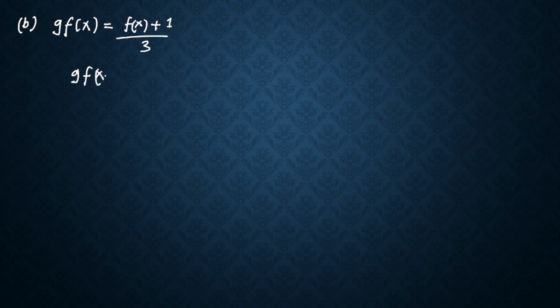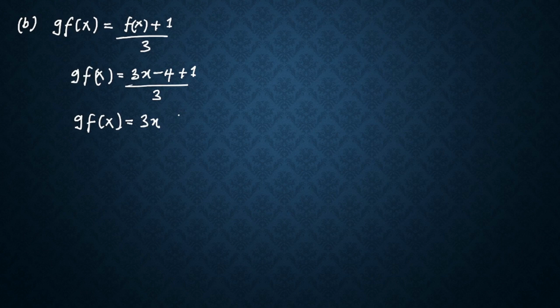So we shall say g of f of x is equal to (3x minus 4 plus 1) over 3. So g of f of x is equal to 3x, then negative 4 plus 1, that is negative 3, over 3. As you can see, on top we have a 3 and a 3, which makes them common.